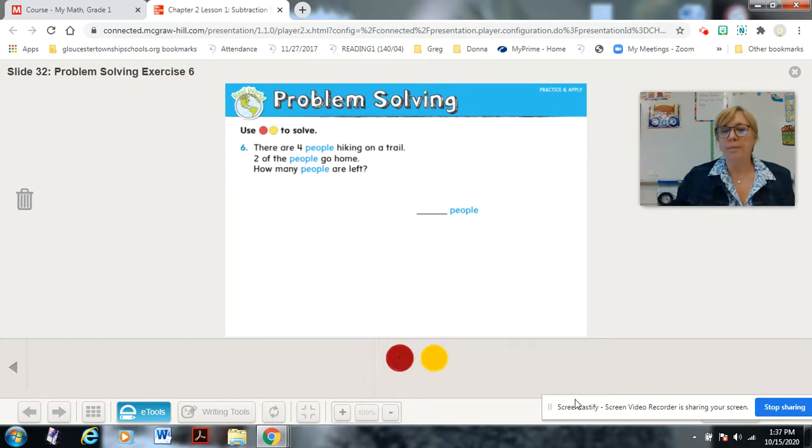There are 4 people hiking on a trail. Two of the people go home. How many people are left? I'm going to leave this here for you to solve with your counters. Pause and come back to check your answers.